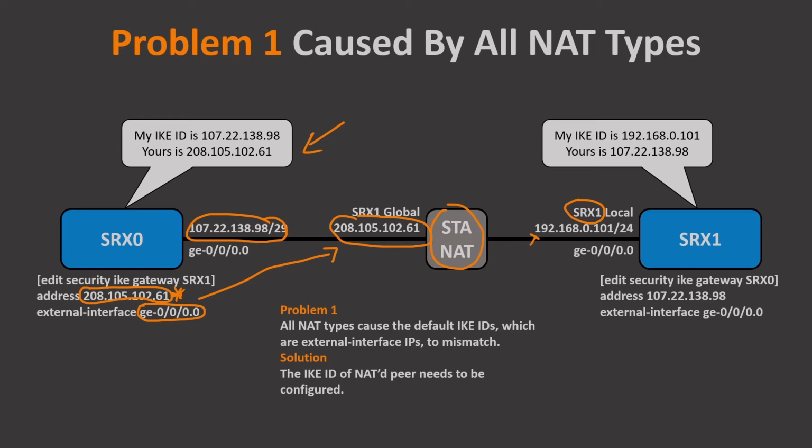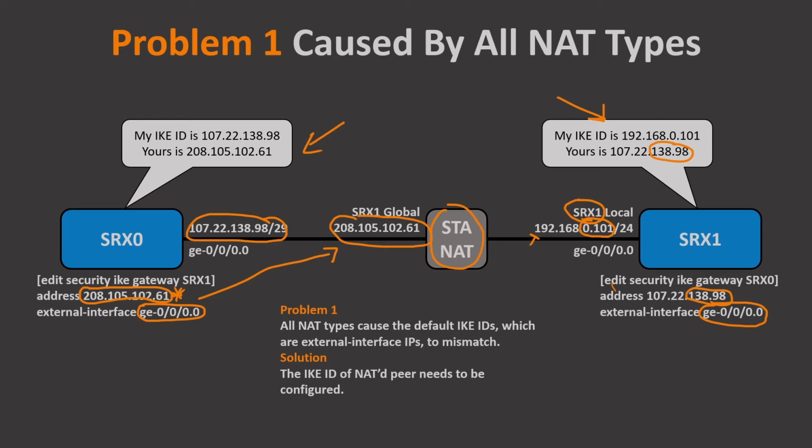But look over here with SRX 1. SRX 1 has its external interface set to gig 000, and so it thinks its IKE ID should be this local IP address. So he says my IKE ID is 0.101, this private local address. Now the good news is he is correct on what the remote IKE ID should be because SRX 0 isn't being natted.